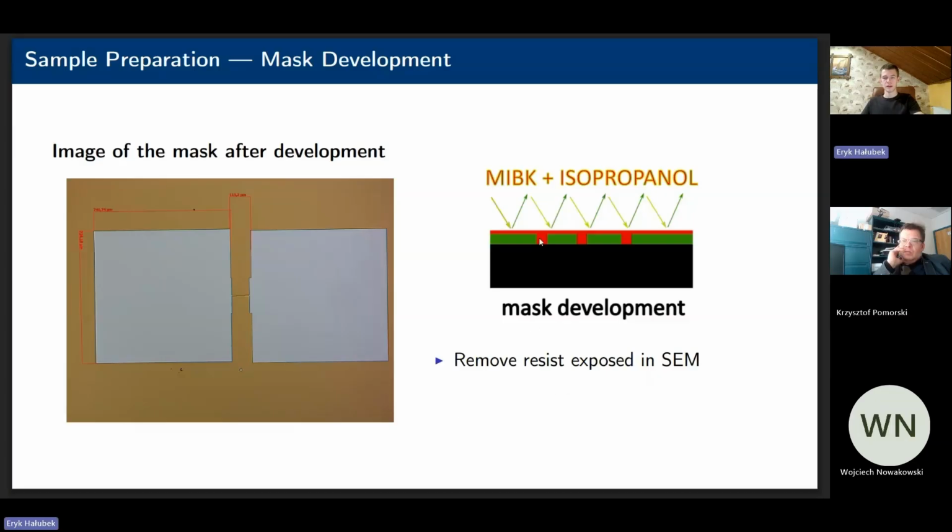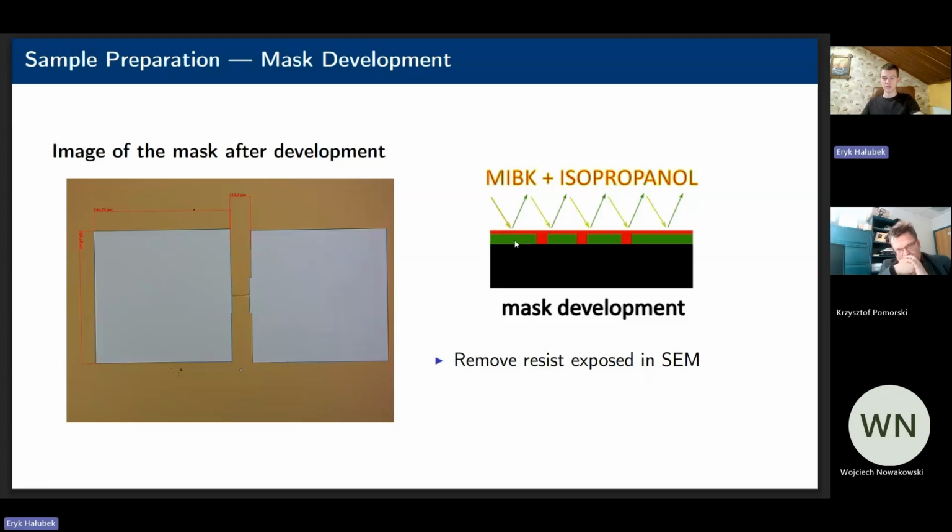And the idea of this development is that when you apply special chemicals to the layer of the resist that was exposed to a beam of electrons, then these places which were exposed are removed easier and quicker than the places which were intact, which were not exposed to electrons. And that allows us to get a pattern that we want.